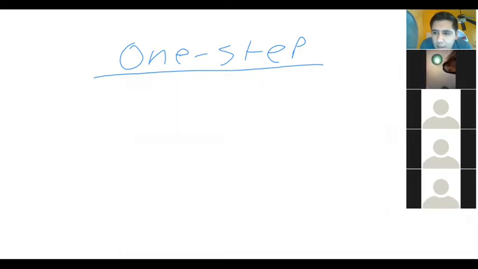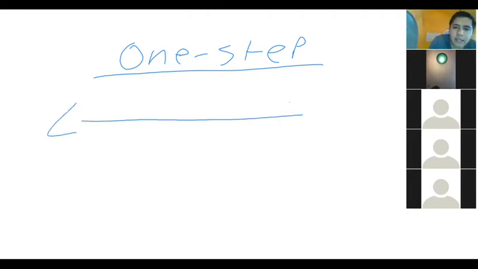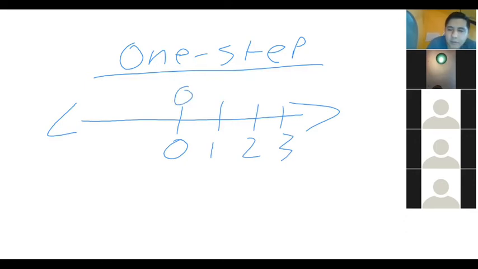So when we talk about that, if we were to add a number, let's say we start at 0 and then we want to add 3, we go to 3. But let's say we wanted to go back to 0.